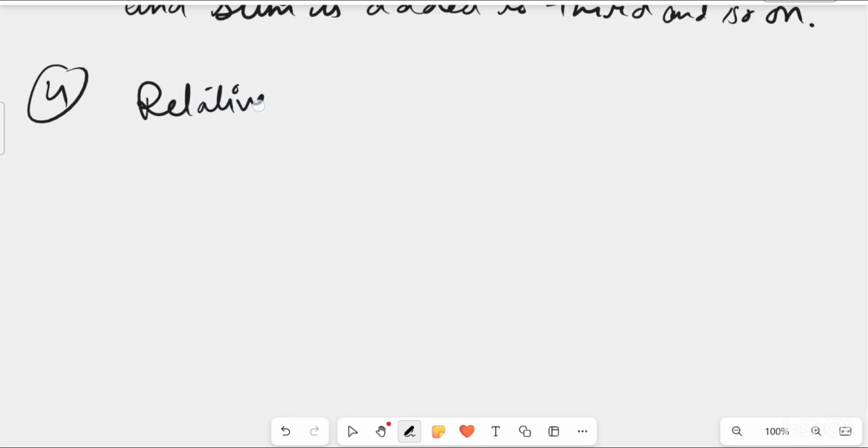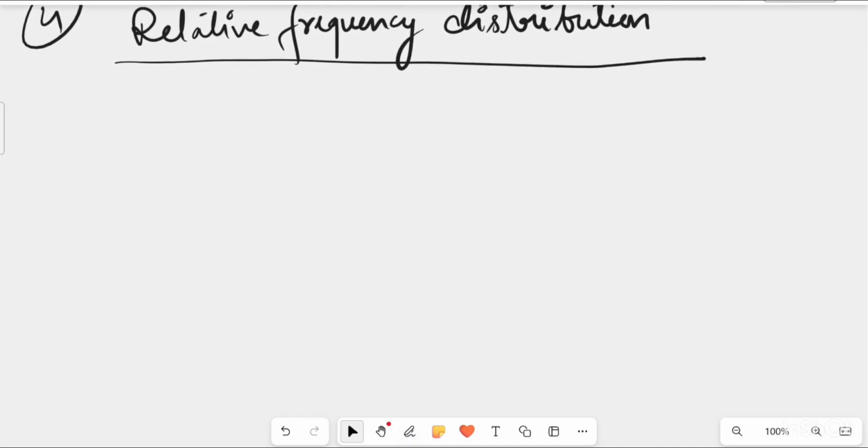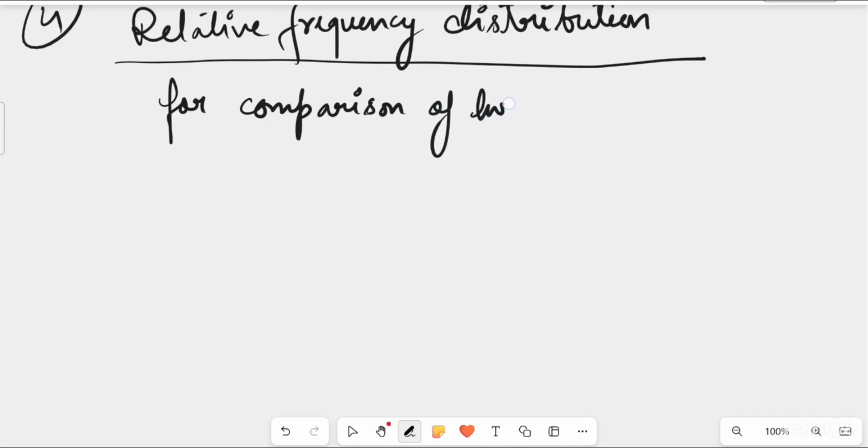Relative frequency distributions are useful for comparison of two or more frequency distributions.